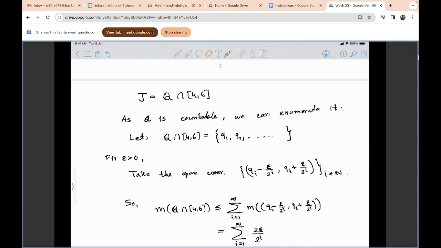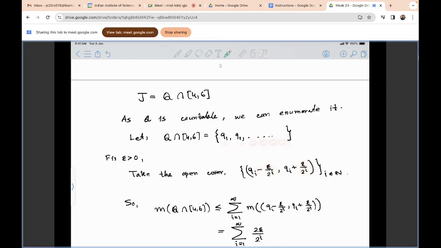Now we want to find the outer measure of this set. Basically you have to cover it by open sets. So fix epsilon positive and take an open cover of it. For each rational we take a small open set, the interval from q_i minus epsilon by 2 to the power i to q_i plus epsilon by 2 to the power i.